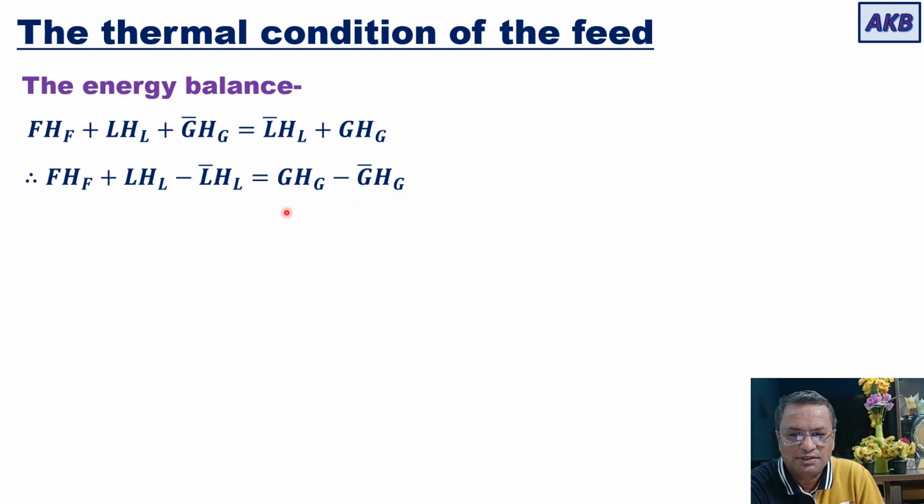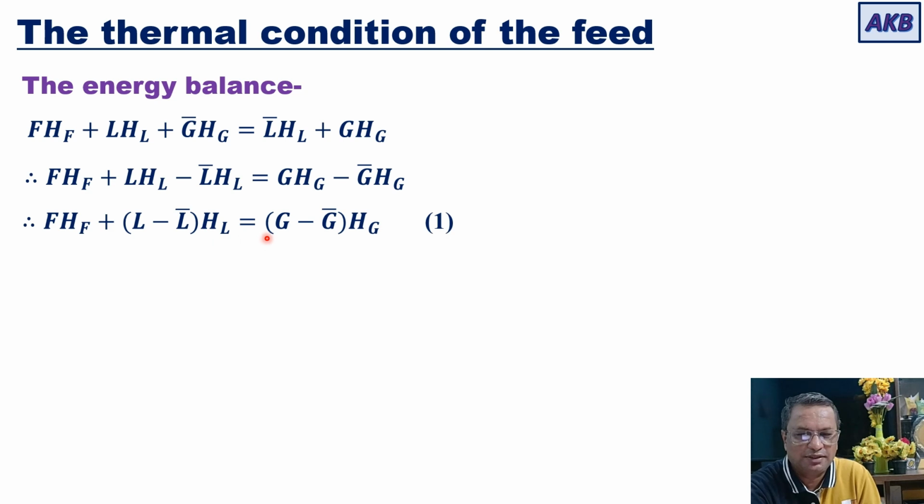In the next step, on the left hand side, from these two terms, we can take HL common, whereas on the right hand side, we can take Hg common. So if we do that, we'll have F HF plus (L minus L bar) into HL, that is equal to (G minus G bar) into Hg. And I'm calling that equation number 1.